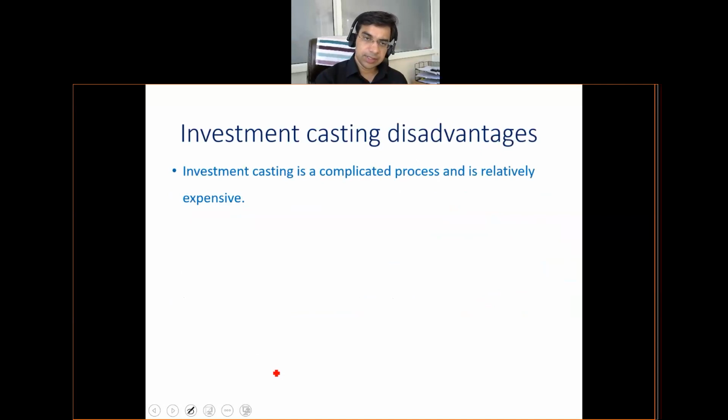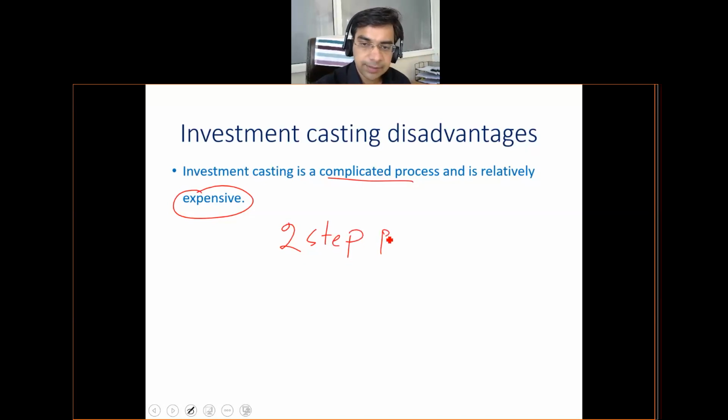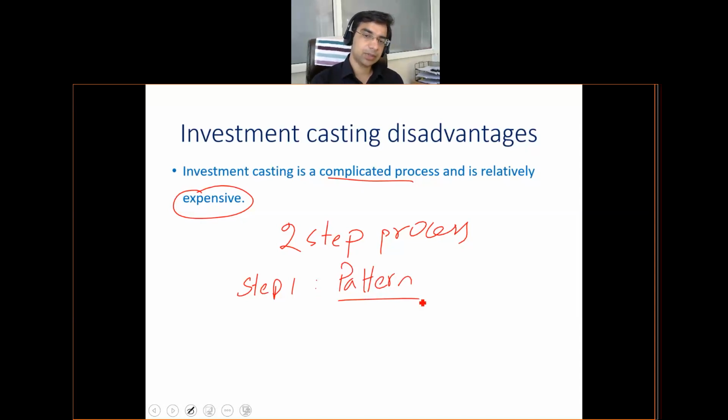And this process is one of the most expensive processes. The limitation of this process is that it is a complicated process because it is a two-step process. As I discussed, in step one you are producing the pattern. Producing the pattern made of wax is itself a tedious process.